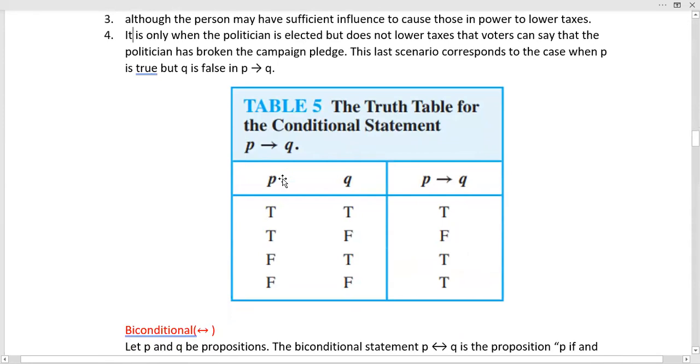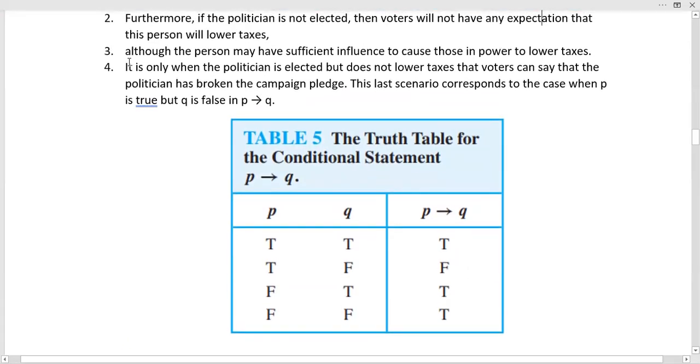Come to the fourth case. Clearly understand here. It is only when the politician is elected but does not lower the taxes that voters can say that the politician has broken the campaign offers or pledge.